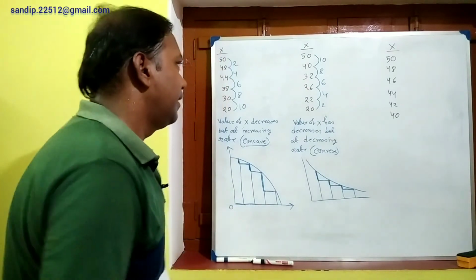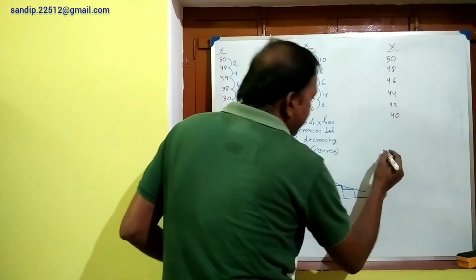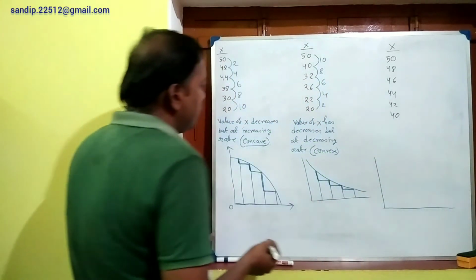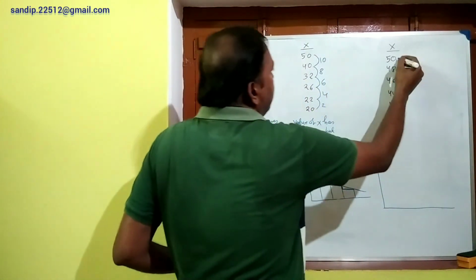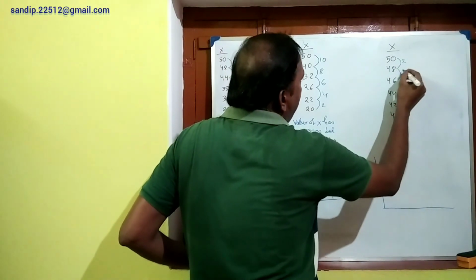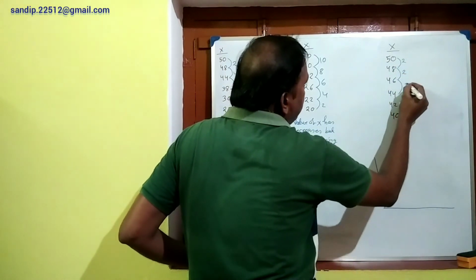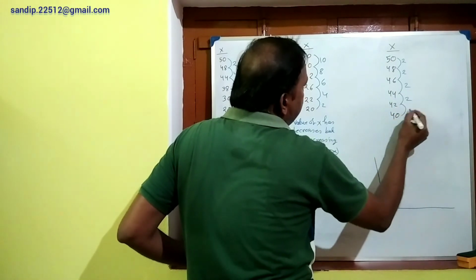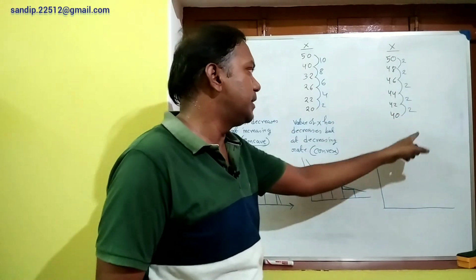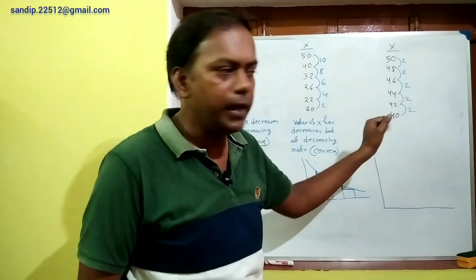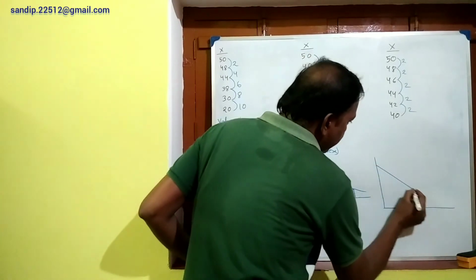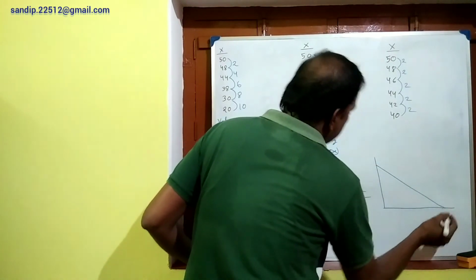Okay, and for a straight line, what will I get? For a straight line also you can see that the value of x has decreased, but at a constant rate. Suppose each value has decreased by 2 units. So here I will get the curve as a downward sloping straight line.